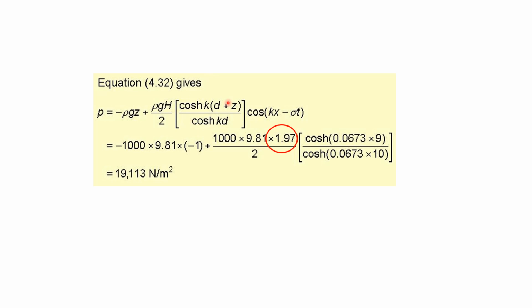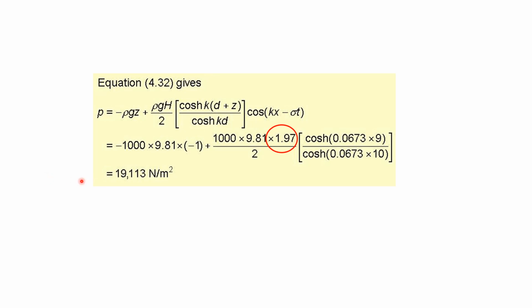Unless we specifically want to know the pressure at a specific location and at a specific time, then we will solve the cosine term. And if we solve the cosine term, definitely the pressure that we obtain will be less than this answer. This answer is the maximum pressure that will be recorded at this water depth of 10 meters, 1 meter below the water surface, when the wave height is 1.97 meters.